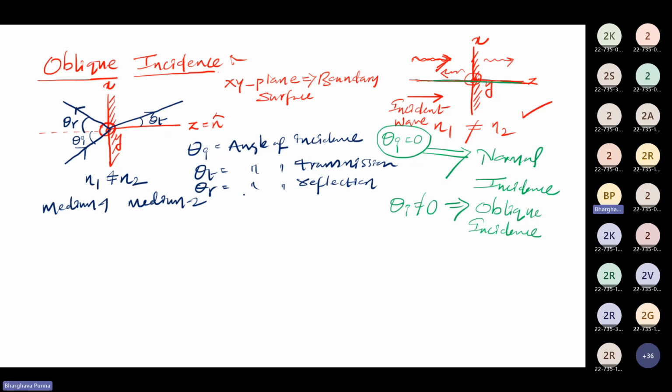So we are dealing with three angles here: theta I, theta r, and theta t. Here also we are going to get the reflection coefficient and the transmission coefficient. But under this oblique incidence, we are going to study two topics.